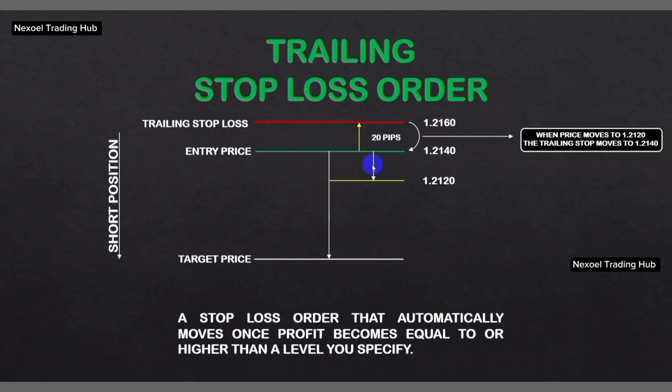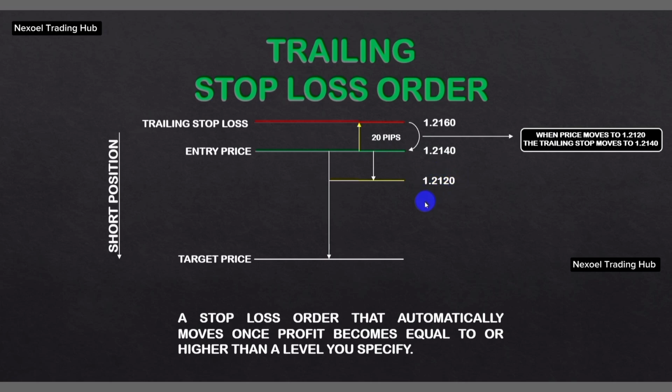If the market again moves an additional 20 pips from this price level, which is 1.2120, the market moved to the downside further by 20 pips. The stop loss that moved from this price level to this price level is now further going to move from 1.2140 to 1.2120.